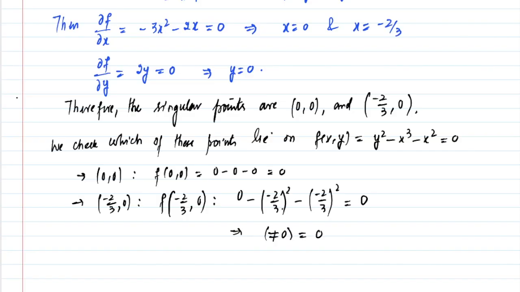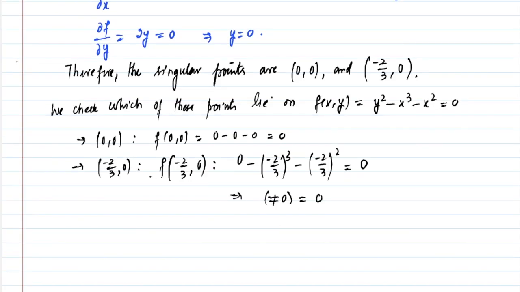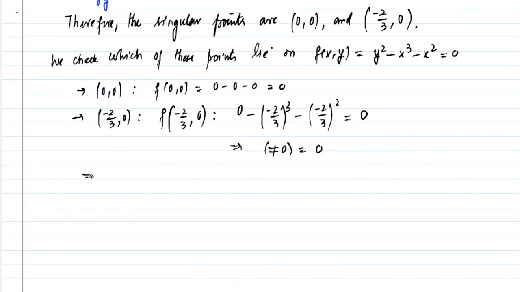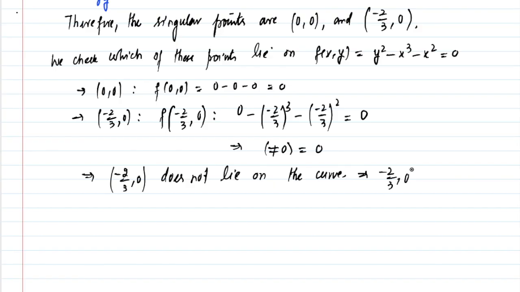In fact, minus 2 by 3 whole cube minus 2 by 3 whole square is a non-zero quantity, and equating it to 0 gives us some non-zero value equal to 0. That means the point minus 2 by 3 comma 0 does not lie on the curve. So this implies minus 2 by 3 comma 0 is an isolated point.